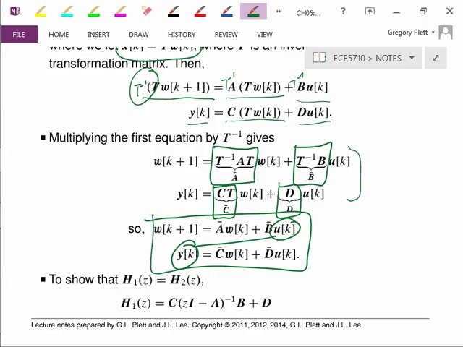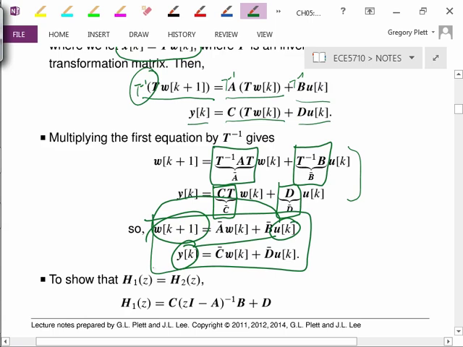So the conversion between U and Y for the W system and the X system is exactly the same. However, the relationship between U and W is different from the relationship between U and X, because the states are actually defined differently.